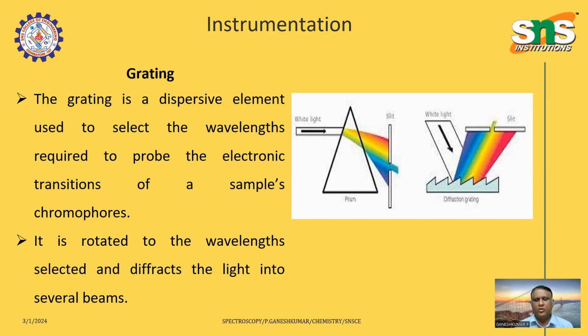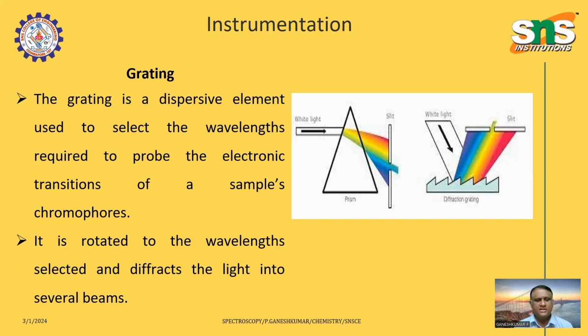When white light falls on the diffraction grating, the colors get dispersed like in dispersion. With the help of a slit, we can select the wavelength we require.